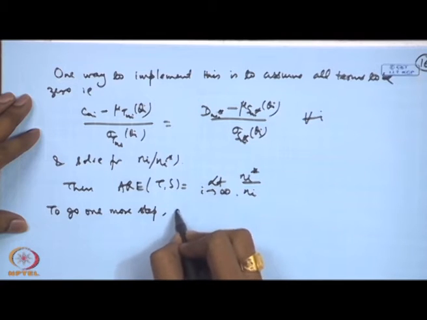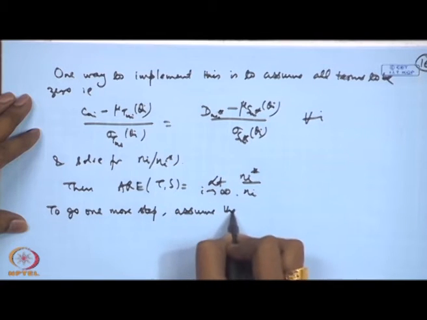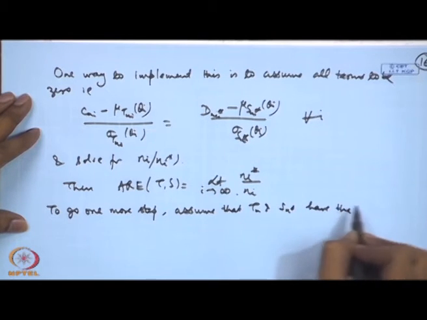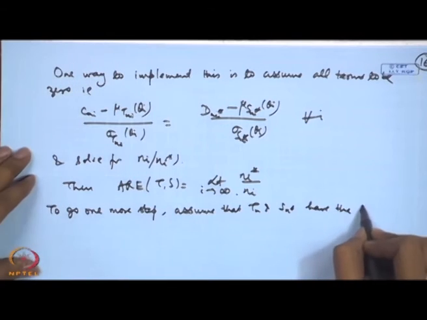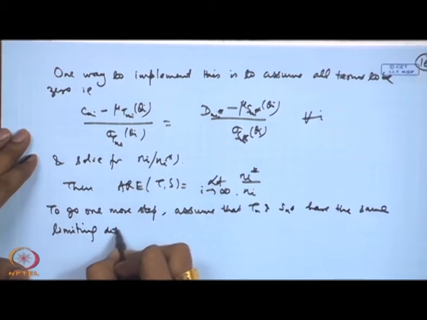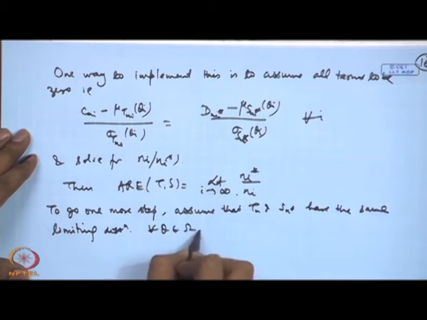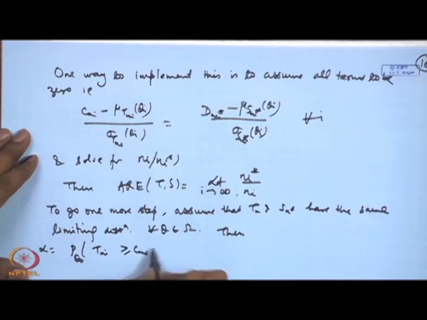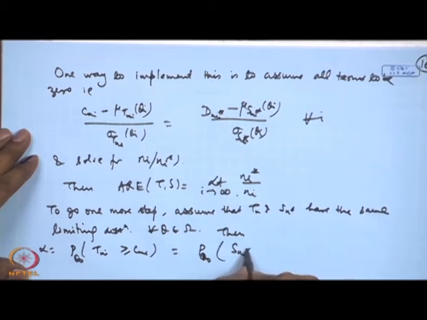Now, to go one step further, you can assume that Tn and Sn star have the same limiting distribution for all theta. If that is so, then you will have alpha equal to the probability under theta naught that Tni is greater than or equal to Cni, which is equal to the probability under theta naught that Sni star is greater than or equal to Dni star.